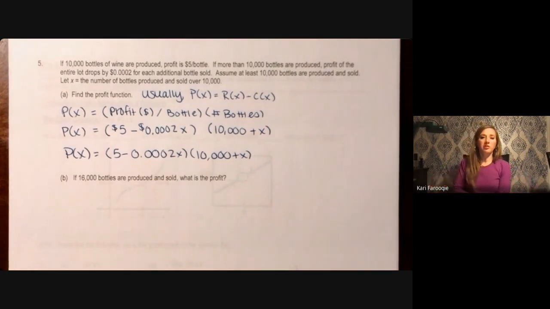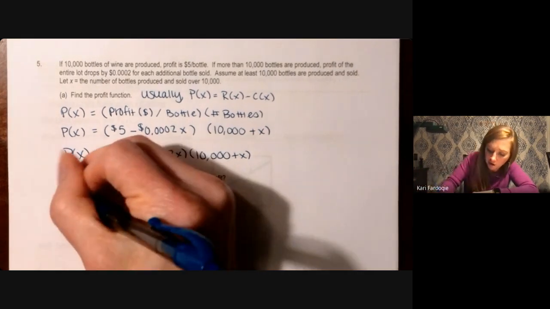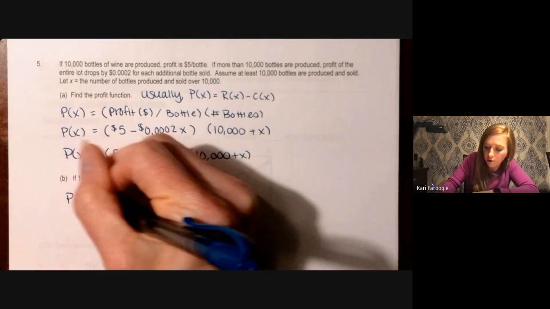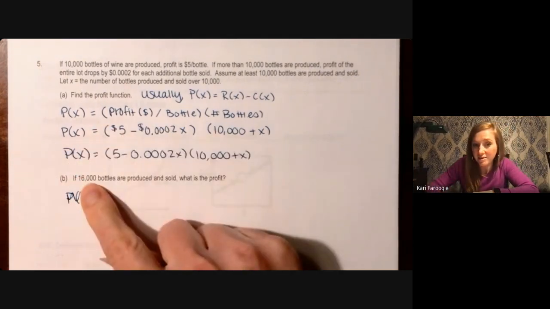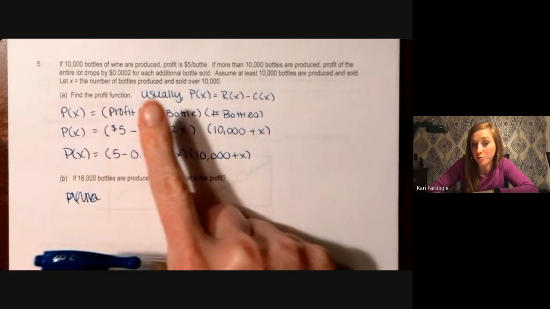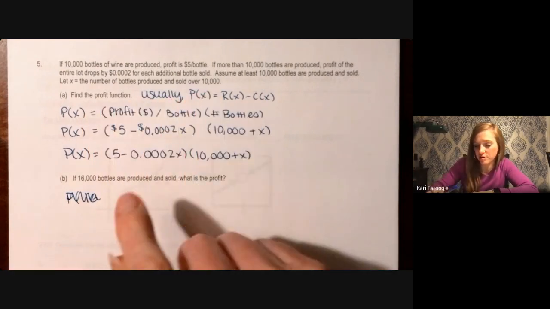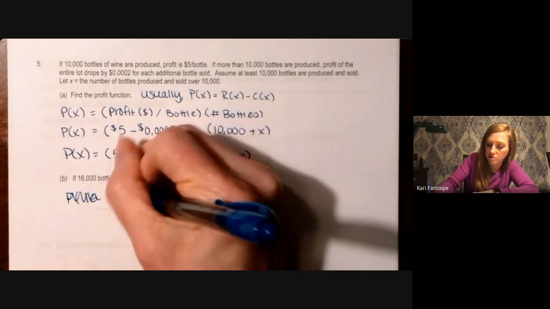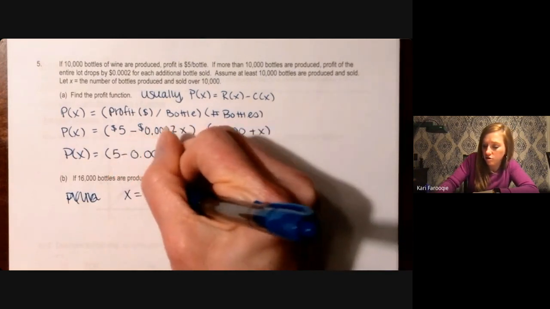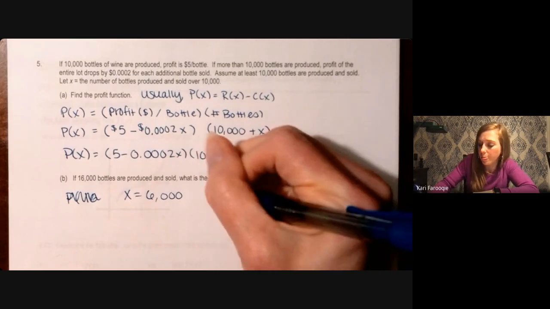Last question, if 16,000 bottles are produced and sold, what is the profit? Well, you have a profit function. So you're just going to find P of, oh, not 16,000. X is the number of bottles produced and sold over 10,000. So the number of bottles produced and sold over 10,000 is actually 6,000.